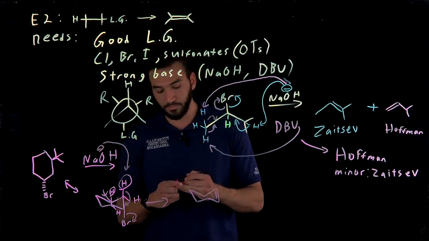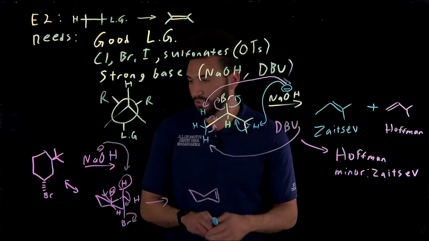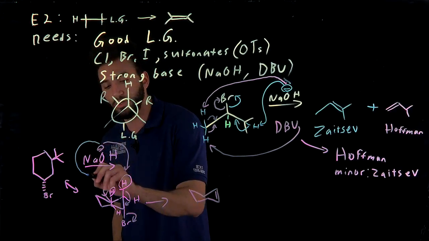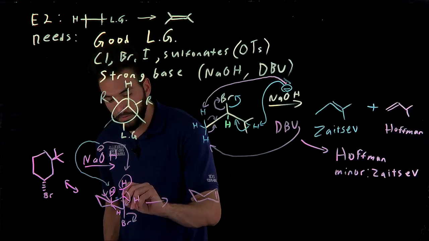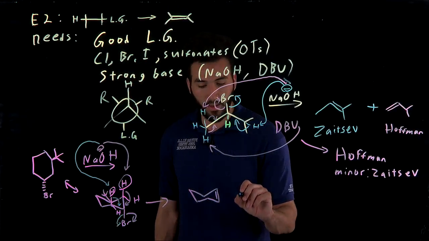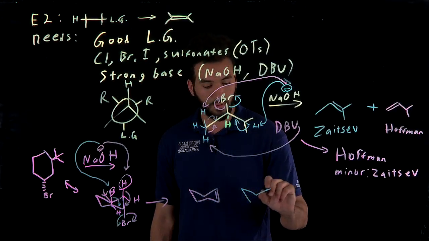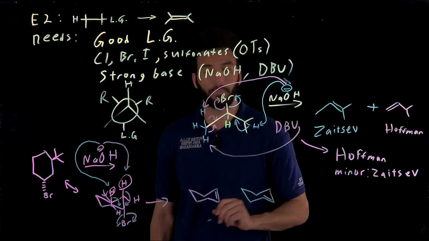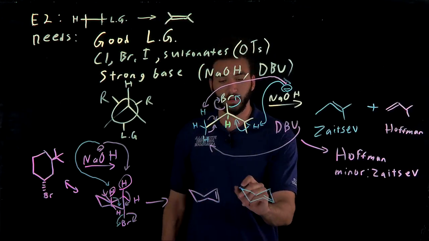Okay? Now, instead, if OH came in and pulled off the other hydrogen, the other axial hydrogen, that gets pulled off, this forms that bond, and Br still leaves. So that product will look something like this. Like that. Okay, so these are the two products formed.